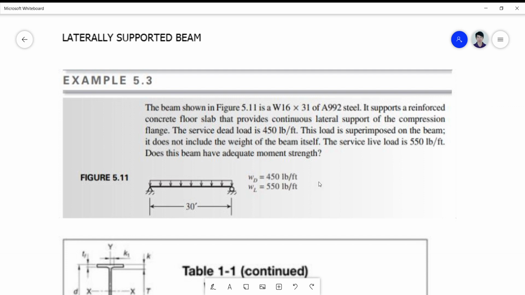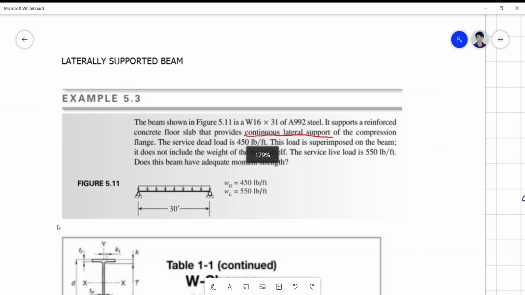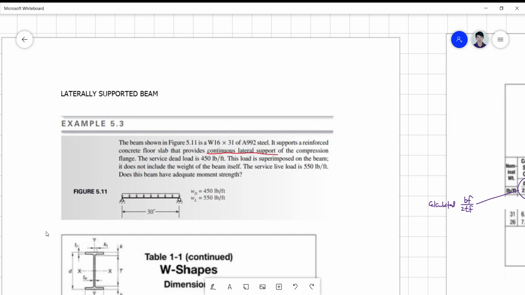Okay, so this is a continuously laterally supported beam, so we will be using the procedure I just discussed a while ago. The first thing when you are dealing with sections, of course, is to get its properties.